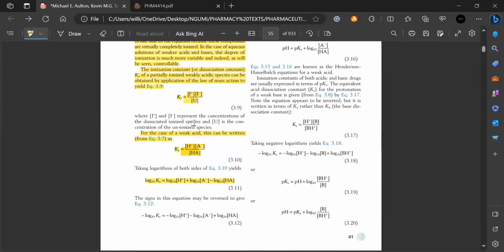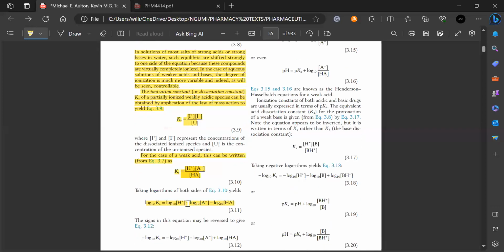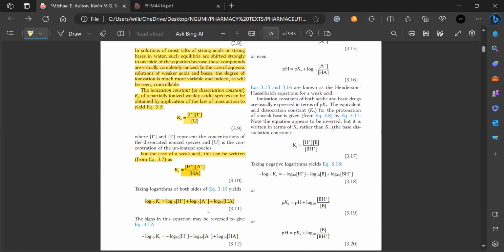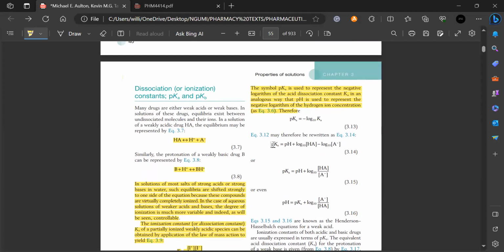And we've said the negative logarithm is P. So pKa is equal to pH plus the logarithm of the A minus. Now substitute the logarithm which was meant to be here for P, and the negative logarithm of the hydrogen ions for pH.